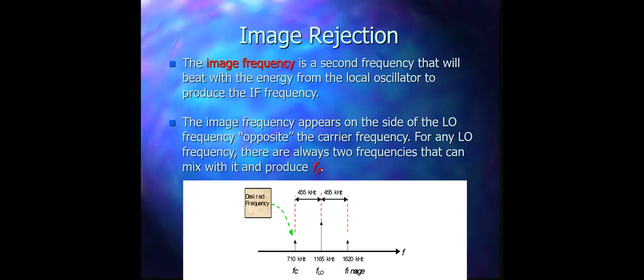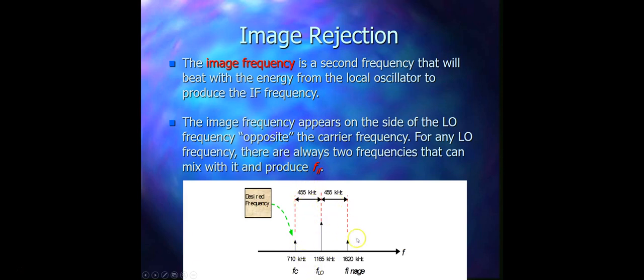So let's say you are sending a signal of 710 kilohertz, which is your carrier frequency, and FLO, which is the signal going from the local oscillator. From there you are sending this frequency, and you are trying to make a difference of 455 kilohertz, which is your FIF. Now what will happen if you don't use the preselector circuit?